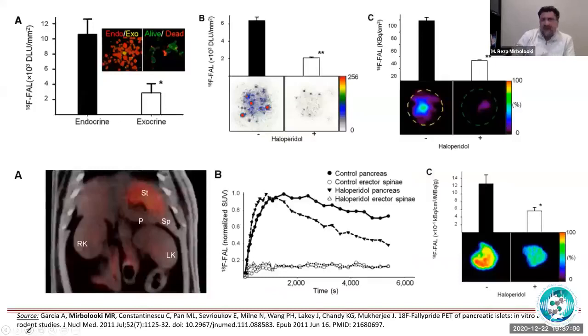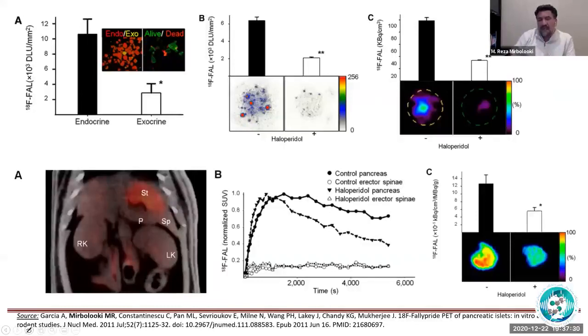So now, if that's true, if we can use an agonist or antagonist that binds to these D2 receptors, and we can label it with something and detect it, we can use it for different approaches. It could be used in patients with diabetes to see their progress.